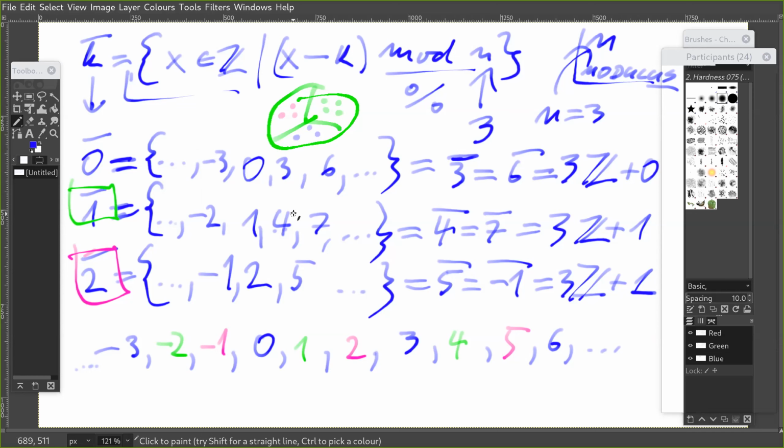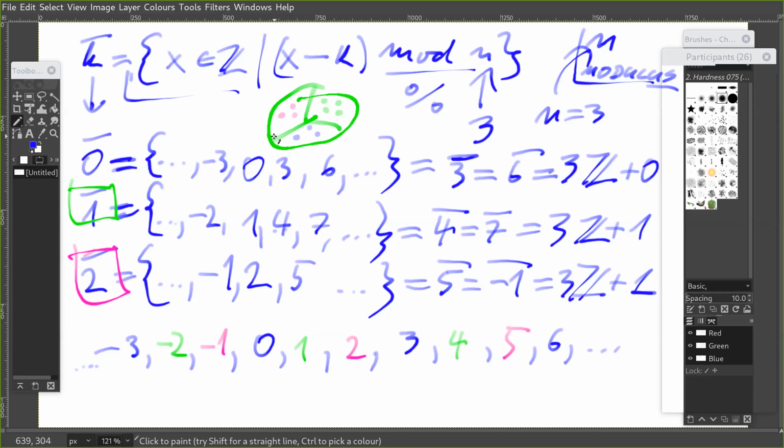Does that make sense? This is a nice division in the sense that you don't have any overlap. So all these subsets, there is no point which is both pink and green. So all the points are mutually exclusive, mutually disjoint, exactly.